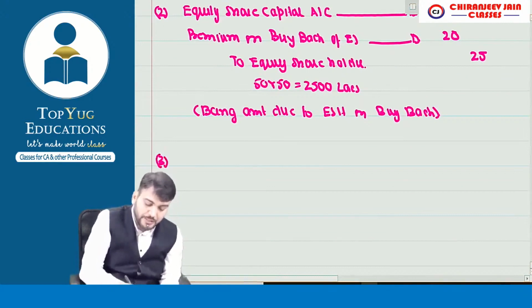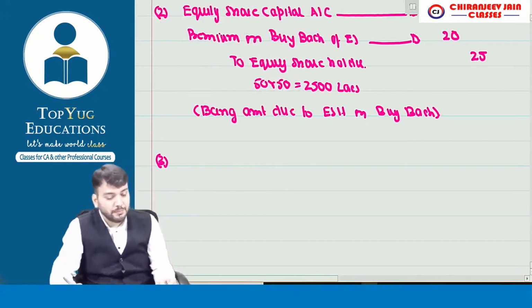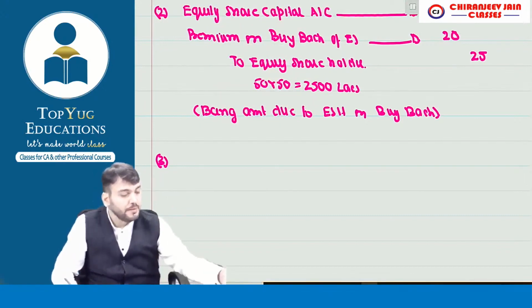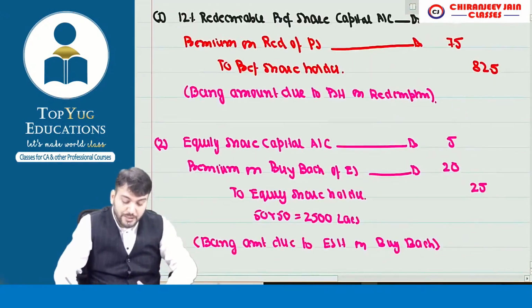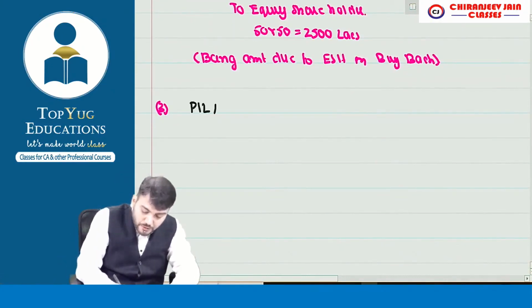Then point number 3. Understood? We will write off premium on redemption of preferences with the profit and loss account.